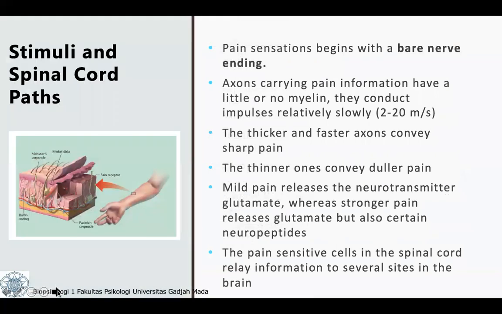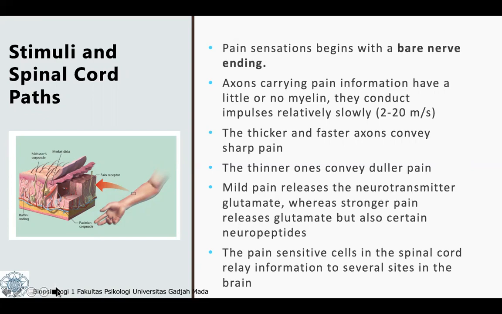So pain sensation begins with the least specialized of all receptors, the bare nerve ending, as you can check in that figure. Because the axons carrying pain information have little or no myelin at all, they conduct impulses relatively slowly, in the range of 2 to 20 meters per second.